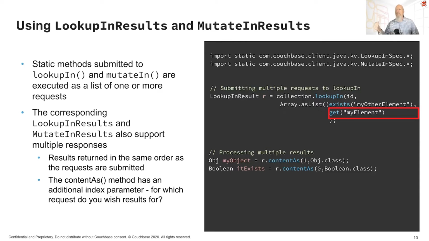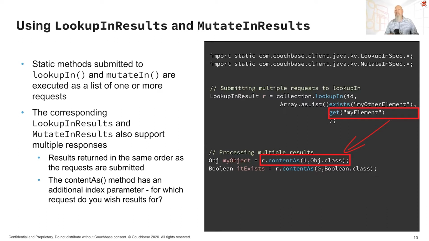If I want to get the result of the get operation, I would do a content as. We saw that in the key value operation. If we wanted to get an object back and have it converted into a domain object, I could do a content as, but because we're getting the results back as an array, the first argument has to be the position in the array. The second is the type I want to return that as.